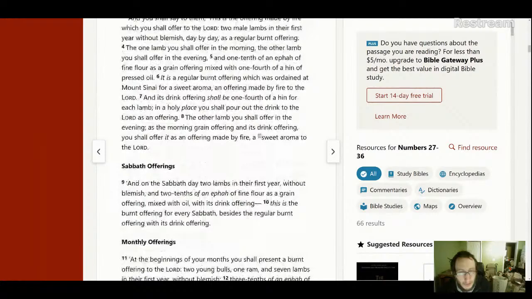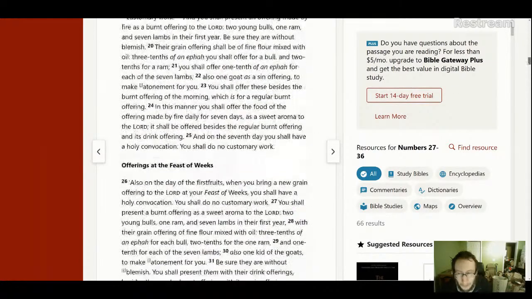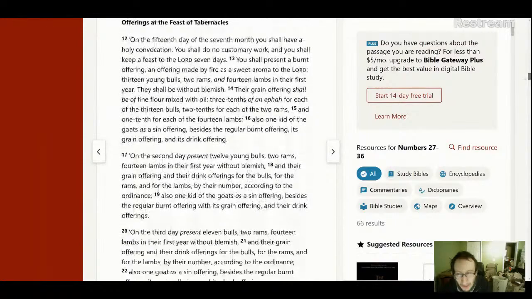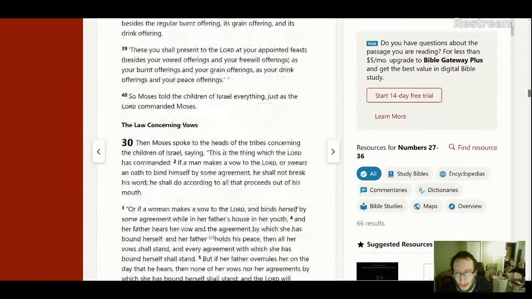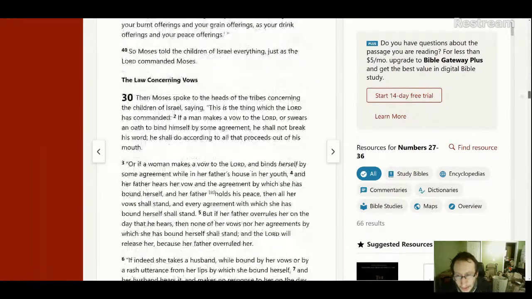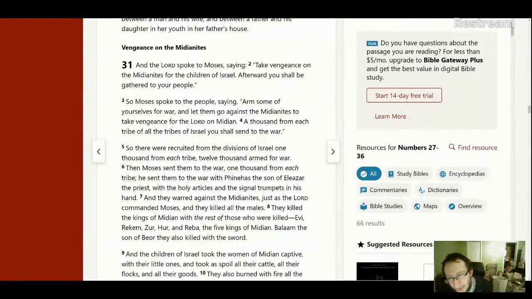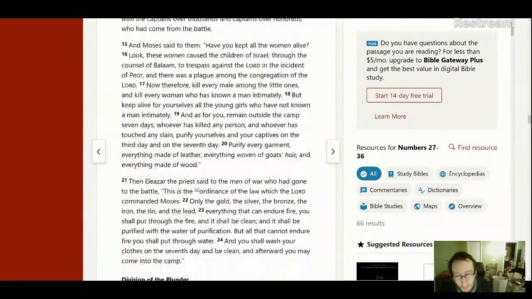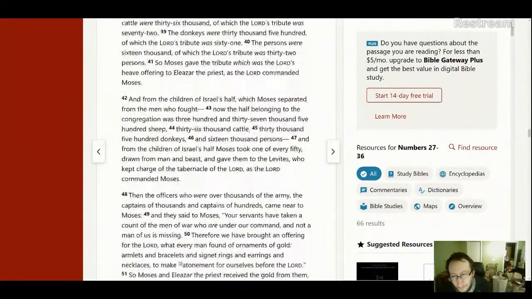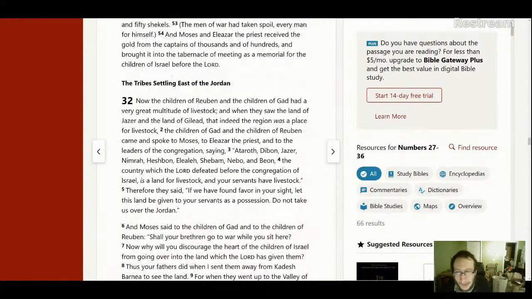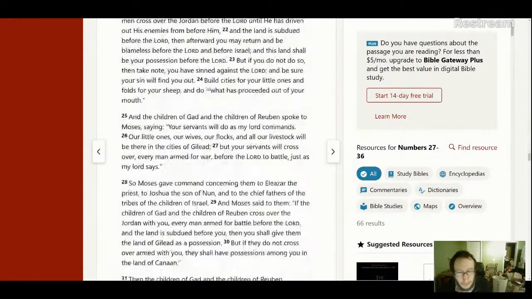So randomly they're being told about the sacrifices here. Chapter 29, same thing. Laws about vows, chapter 30. Then we go back to the narrative, vengeance on the Midianites. Okay. And then the division of the tribes in the land.